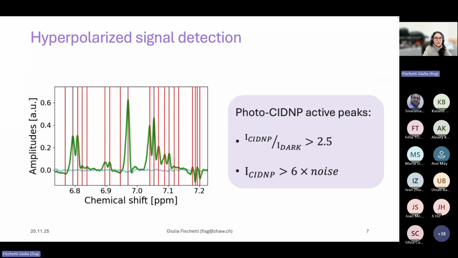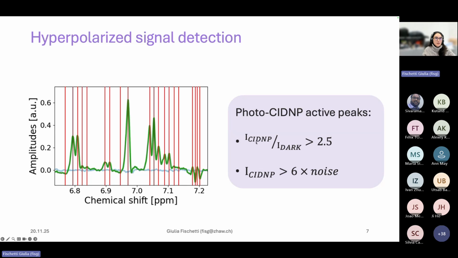Then we identify and characterize the hyperpolarized peaks. Here I'm showing an example of this, and these are the rules by which we identify such hyperpolarized peaks.